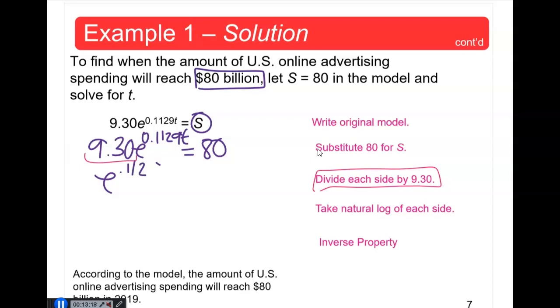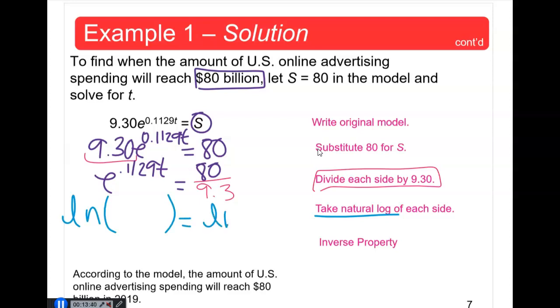And so I'm just going to divide the right side. So 80 divided by 9.3. Okay, then we're going to take the natural log on each side. So natural log here and also here.